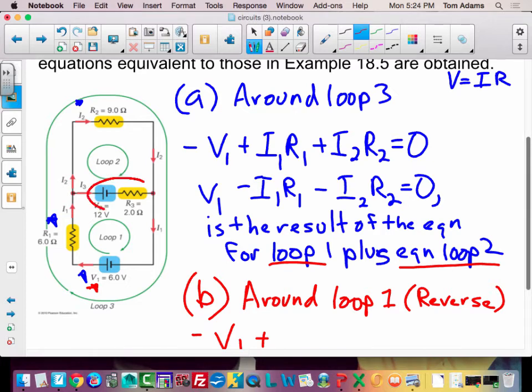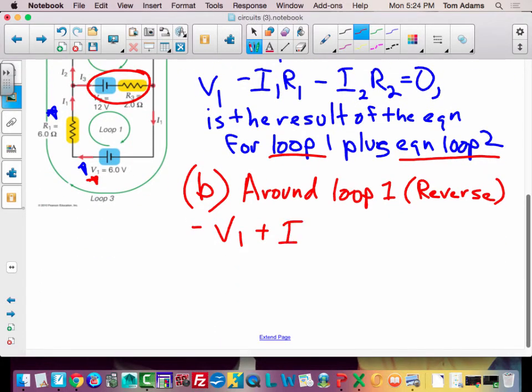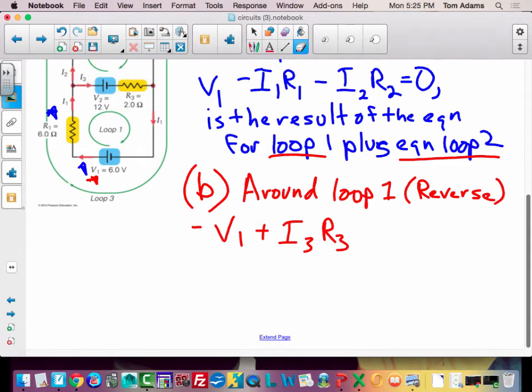So the next thing we would do is address this thing right here, which is going to be I3 R3. So we say I sub 3 R sub 3, which is really this thing here. Okay, now let me erase that. It's getting a little messy.